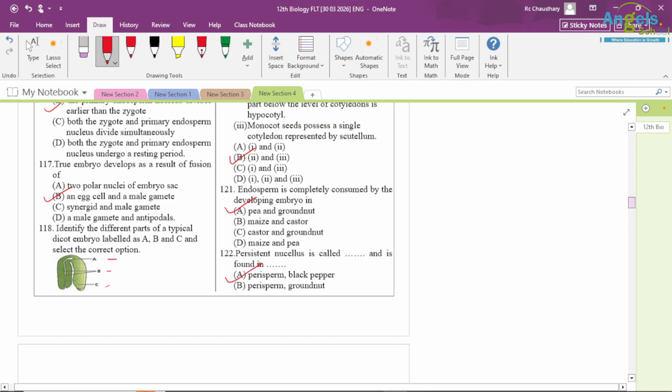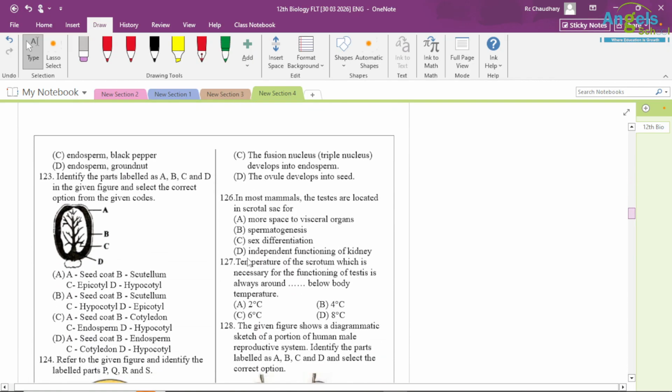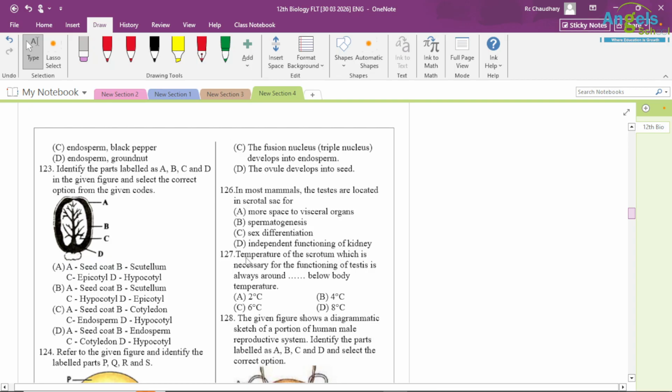So here A option is correct. Question number 123. You have to label the diagram. Okay, so A is the seed coat, B is endosperm, C is cotyledon, and D is hypocotyl. Okay, so option D is correct.